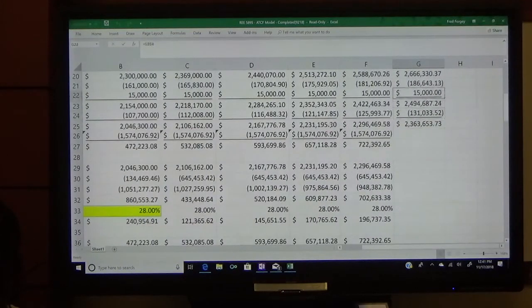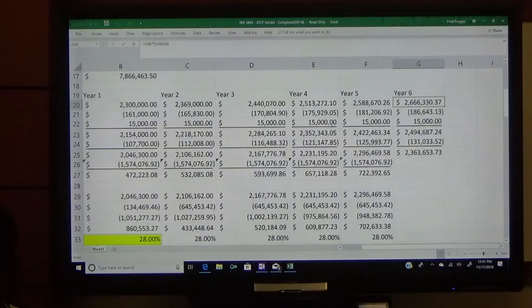Then, take note that there is a year 6. If you remember from last week, we talked about this: you typically use your year 6 net operating income as your forecasted income when applying your cap rate for the resale of the property.